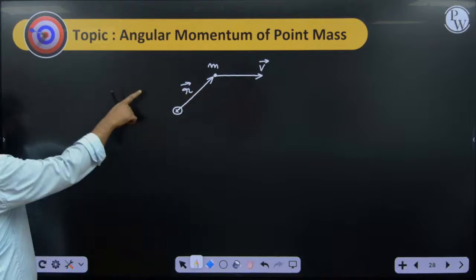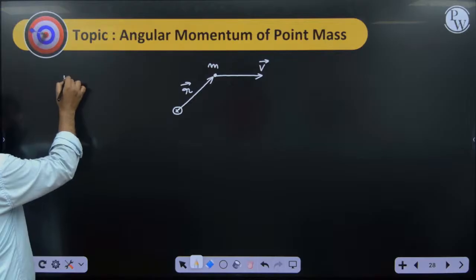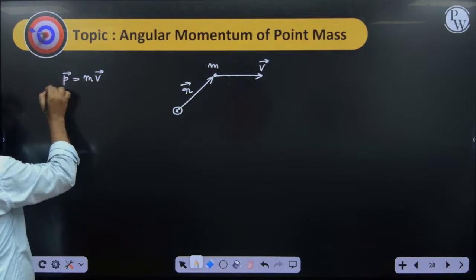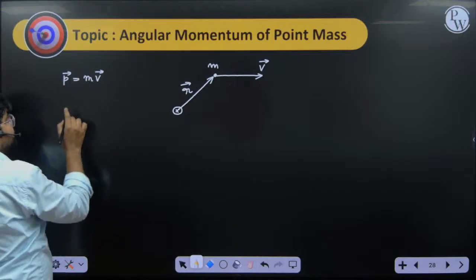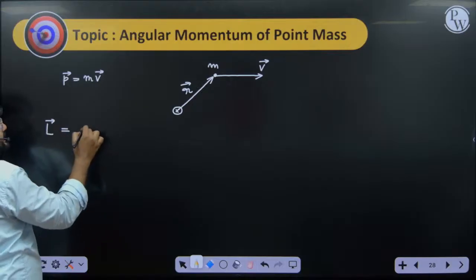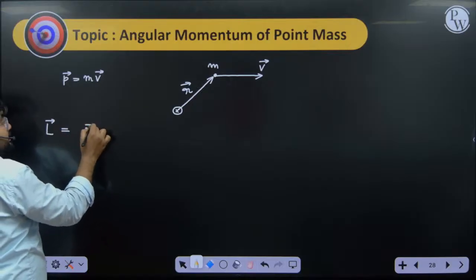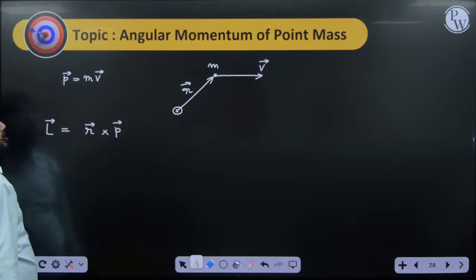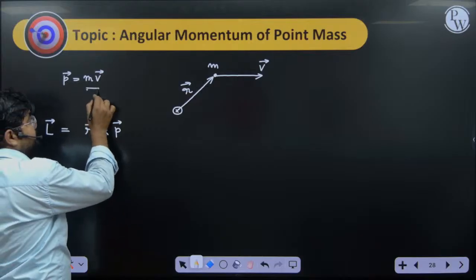Now its linear momentum is defined as mv. And how is angular momentum defined? Angular momentum is defined as r cross linear momentum. Linear momentum is itself mv.